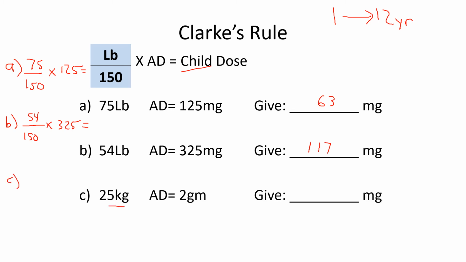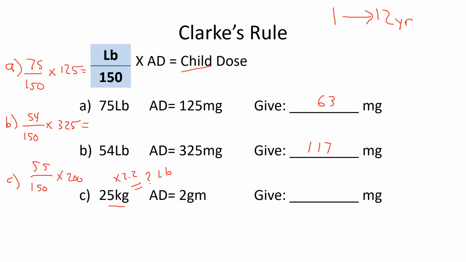Kilos, do we want kilos? No, so we just multiply by 2.2 to get pounds. 25 kilos, how many pounds is that? 55 pounds over 150 times 2 grams.